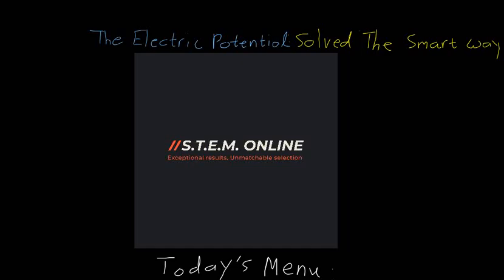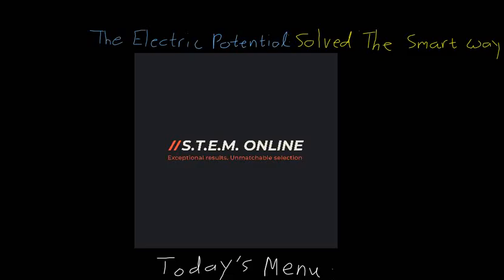Okay, so let's get right to it today. We're going to discuss something very interesting, the electric potential of a continuous charge distribution, in this case of a ring. Most students solve this problem the hard way, and that's exactly why they get stuck.